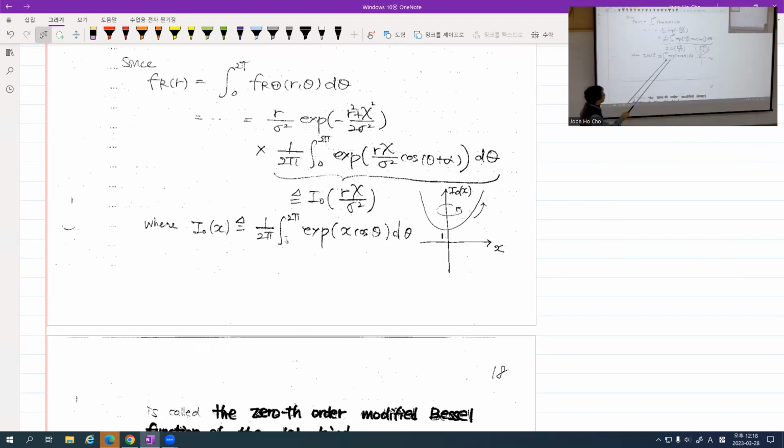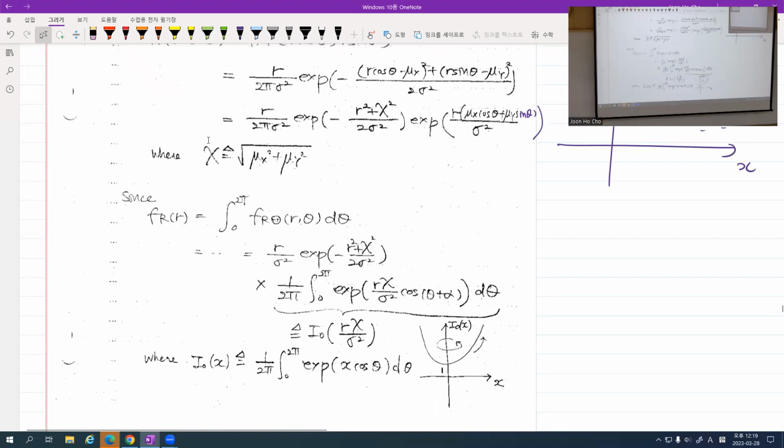Similarly here, even though it involves sigma squared and R, as the argument you somehow normalize with respect to your variance. Then what is this chi? Chi is the square root of the mean of x squared plus the mean of y squared.